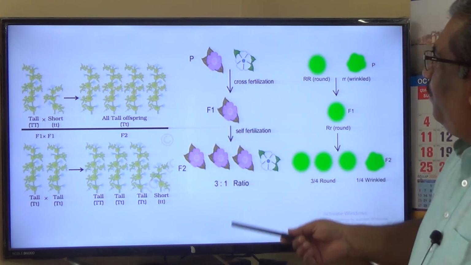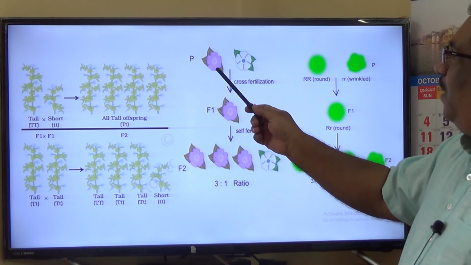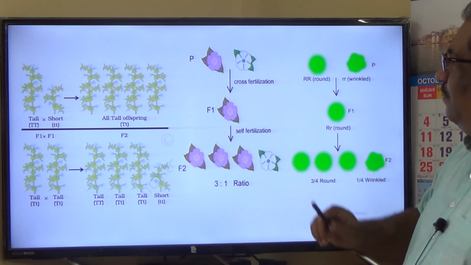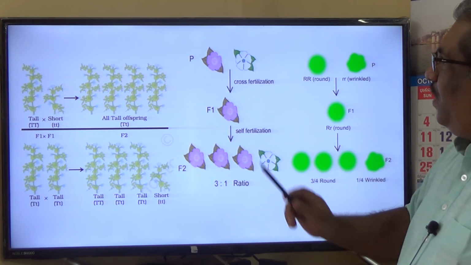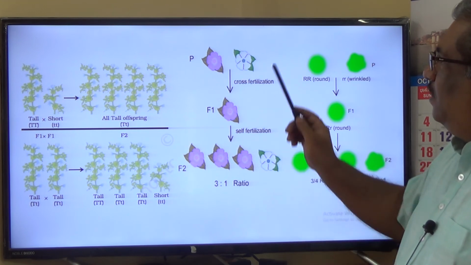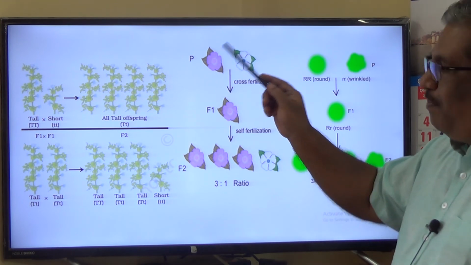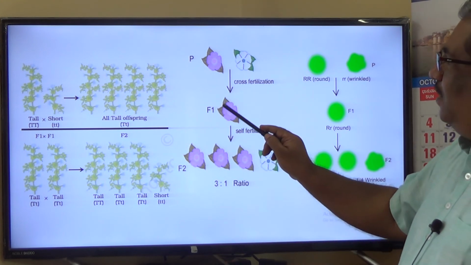Here you can see the color of the petals of the flowers, purple and white. When these two are cross-pollinated, or cross-fertilization takes place, then if purple is the dominant color, in the first progeny all the plants will be purple.